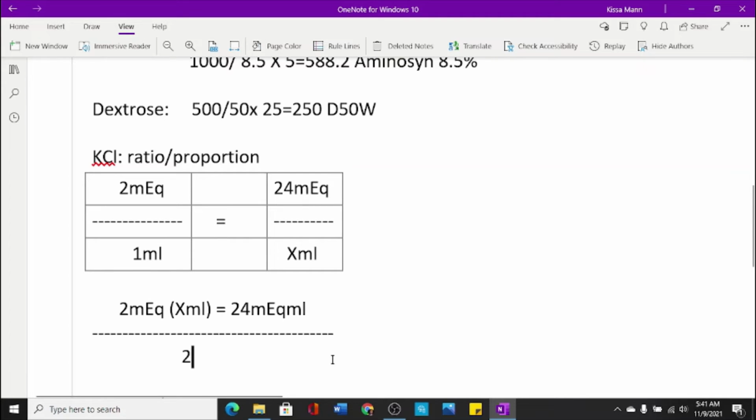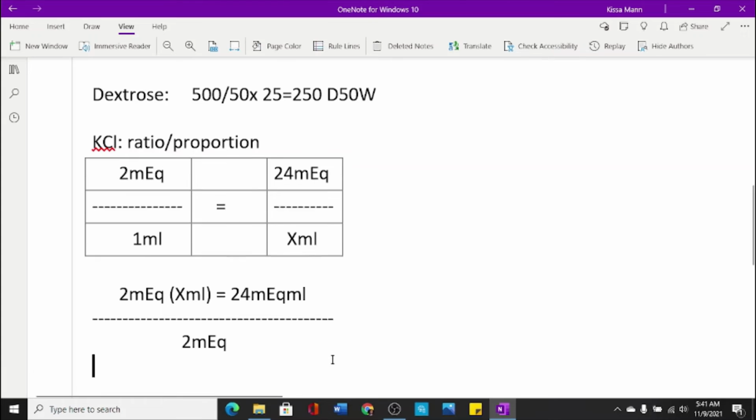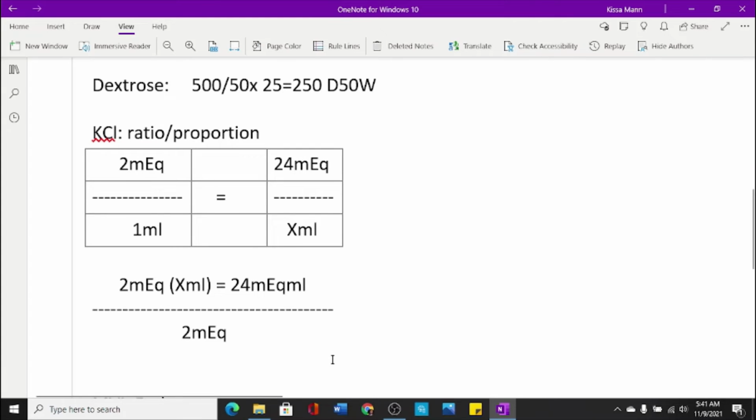I'm going to divide both sides by 2 milliequivalents, and therefore our unknown volume of X milliliters equals 12 milliliters of potassium chloride. And this is what we're going to pull from our dose on hand stock of 20 milliliters. We're going to pull 12 milliliters out of that stock bottle.